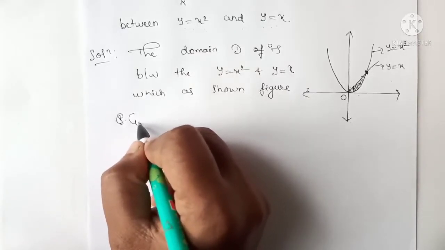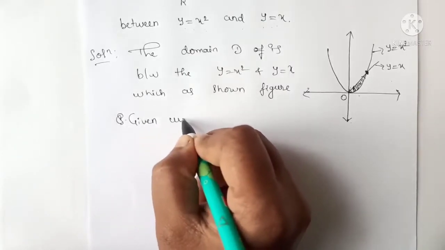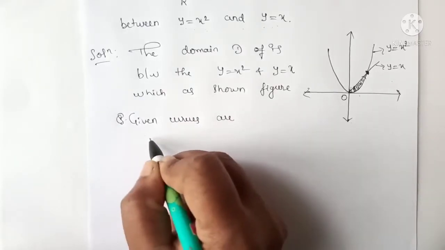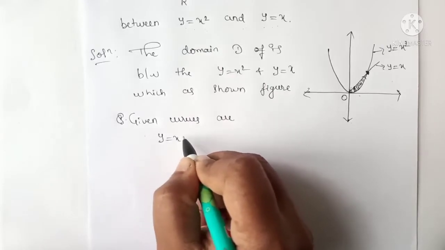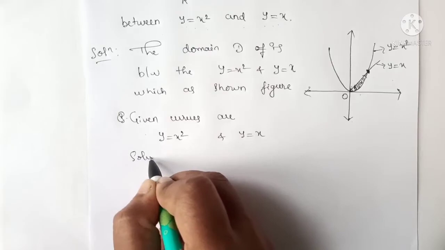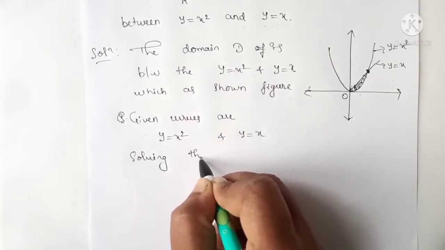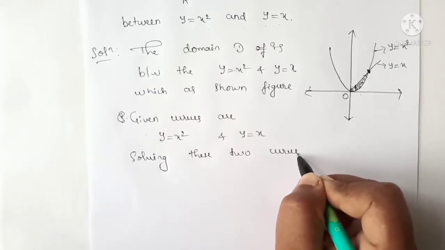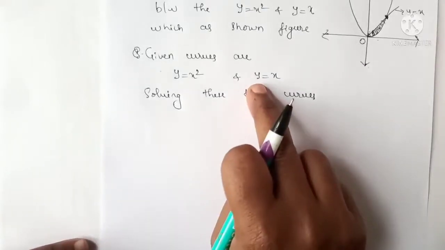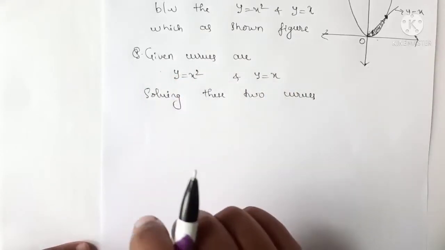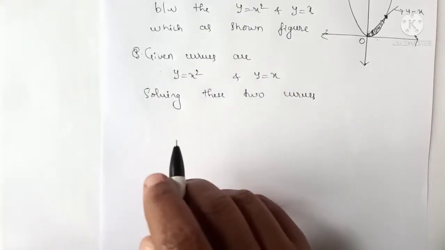The given curves are: first curve is y equals x square and y equals x. Solving these two means simply we put y equals x in this equation, then we get the point of their intersection.